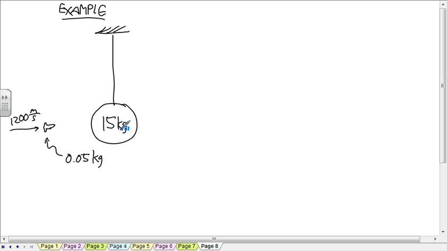But once the bullet lodges in the wood, that heavy mass isn't going 1,200 meters per second anymore. It's slow enough that you can actually follow its motion with your eyes. And so now you can see how high it swings up, measure its highest point, and back calculate what the speed of the bullet was.